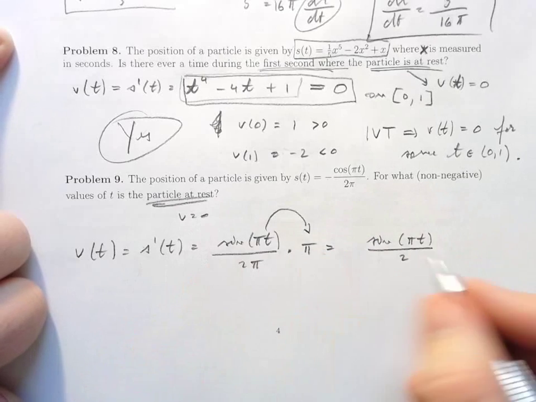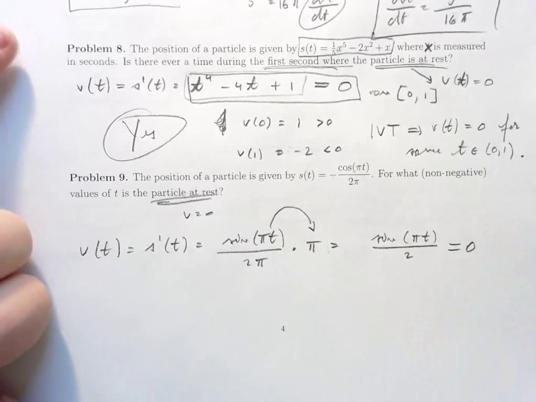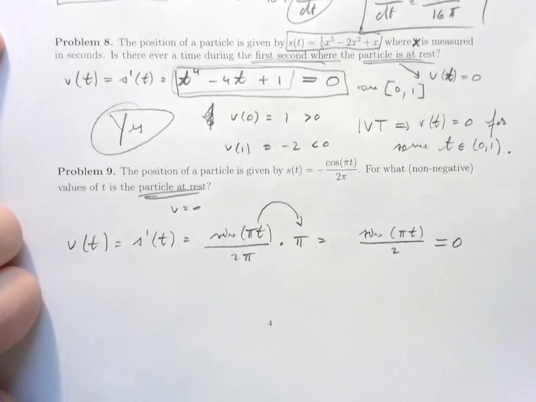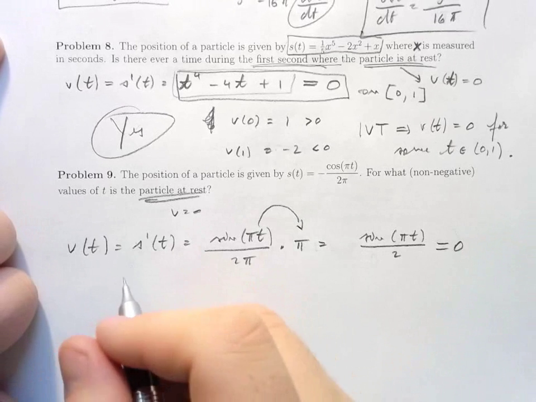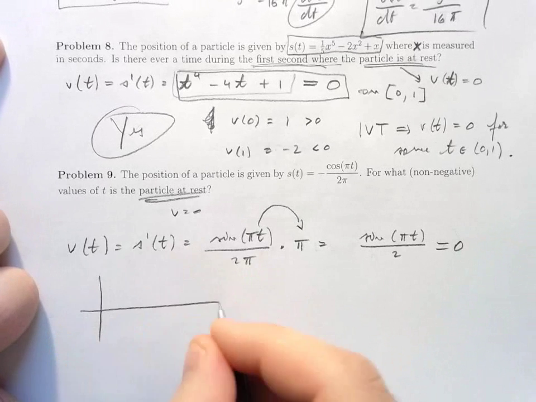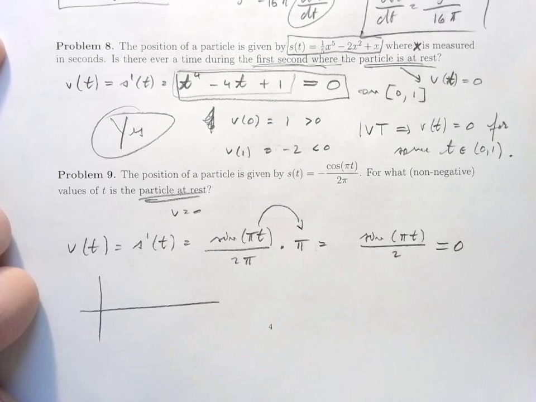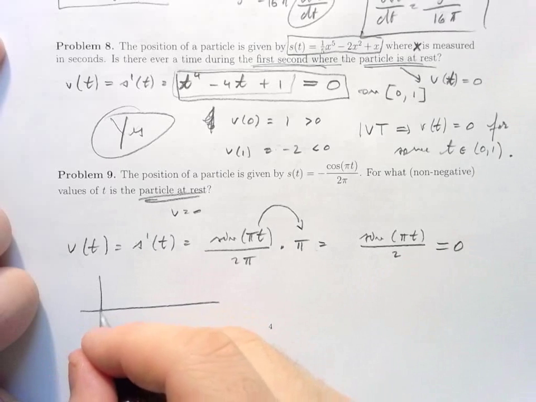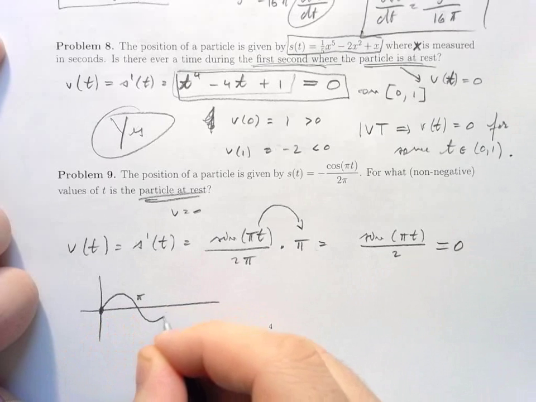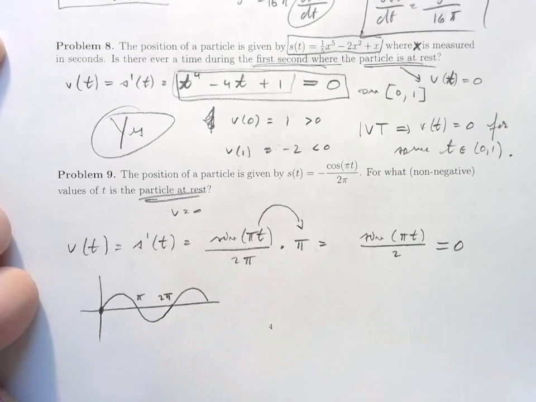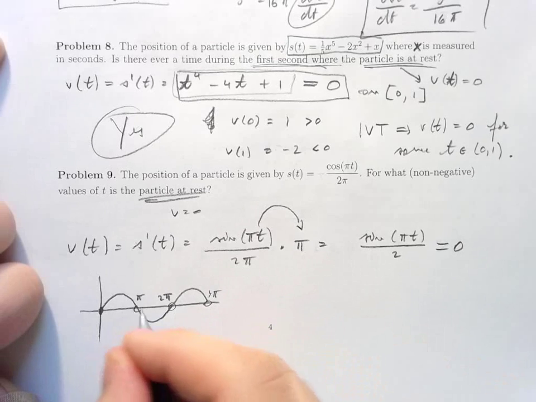And I want to figure out, where is this 0? Now I know from the graph of sine for positive values of t that sine is 0 at 0, at pi, at 2 pi, 3 pi, and so on, integer multiples of pi, right?